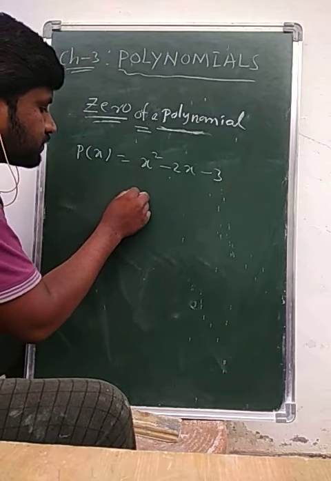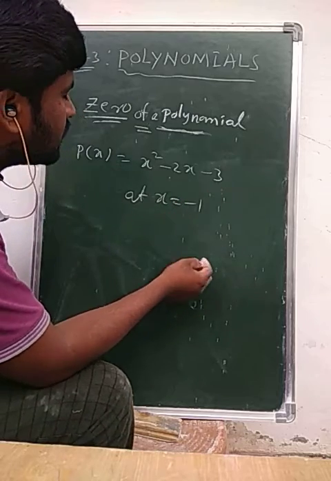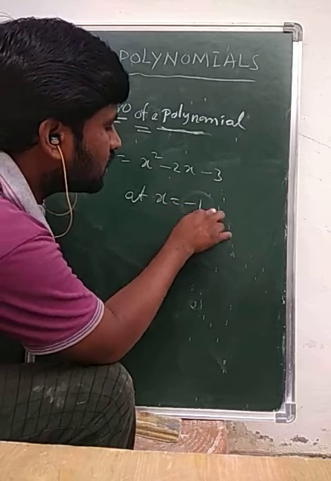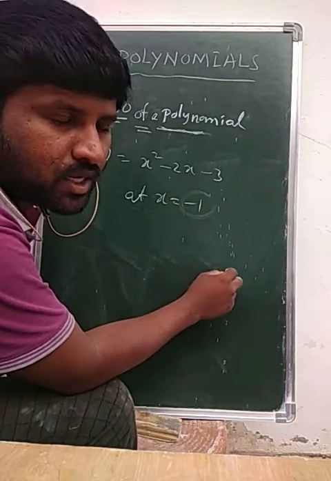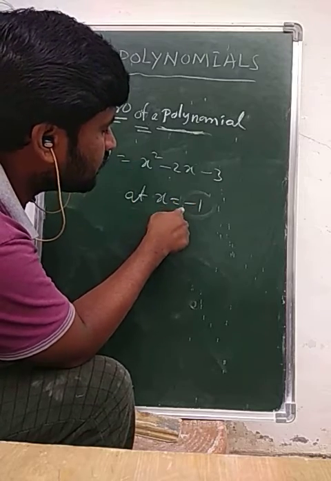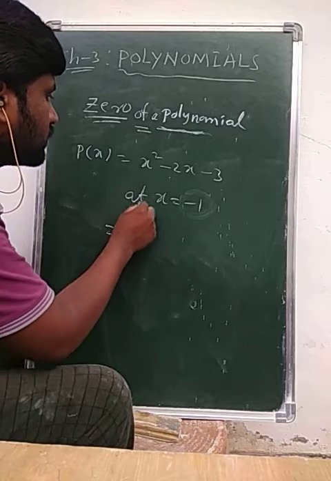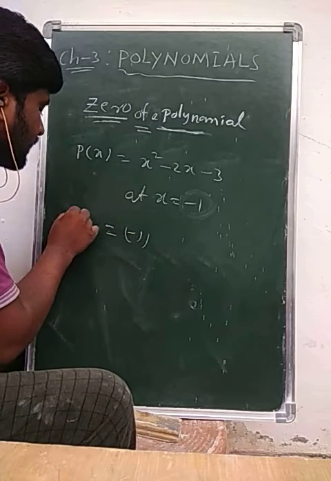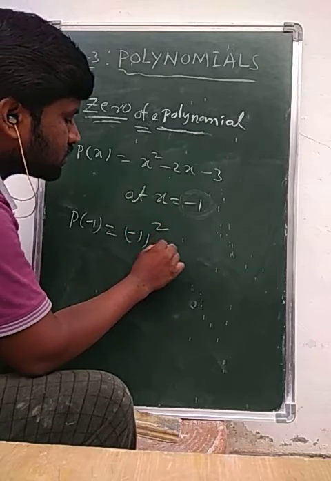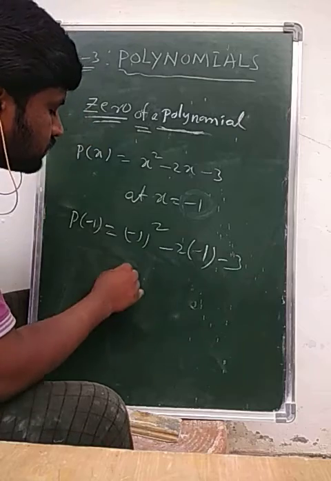I want to explain a zero of a polynomial with this example. You take x is equal to minus 1. In the place of x I am going to substitute a real number, minus 1. Then see what is happening. We get minus 1 whole square minus 2 of minus 1 minus 3.